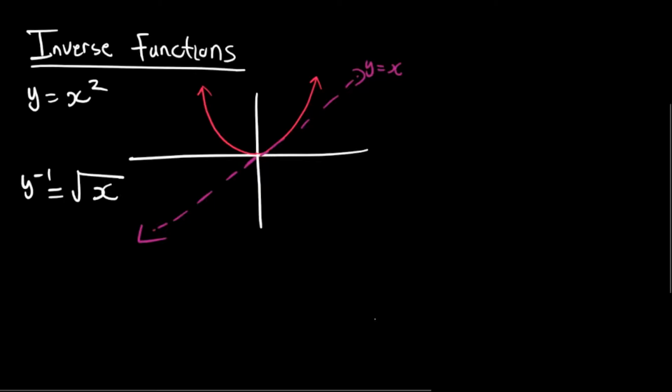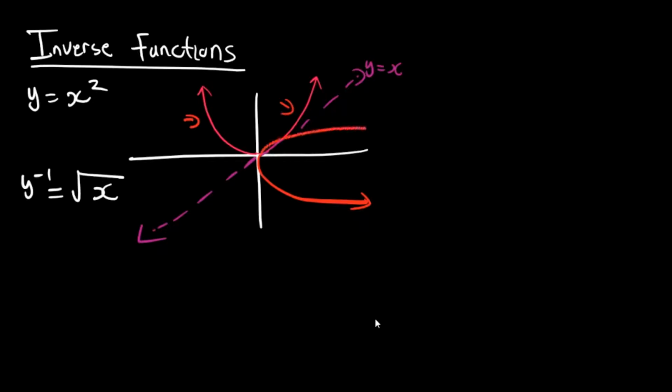And then now, to draw the inverse, you'll get the reflection of this one, which is this line here, and then the reflection of this side of the parabola is going to be this one. So now this will be your inverse function.